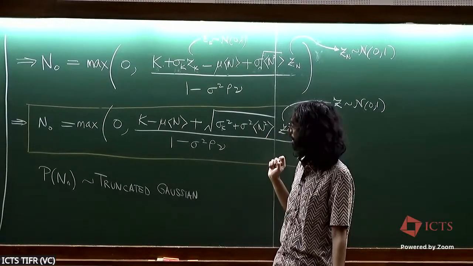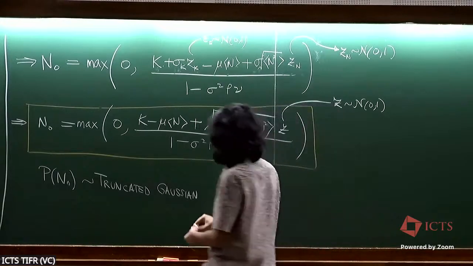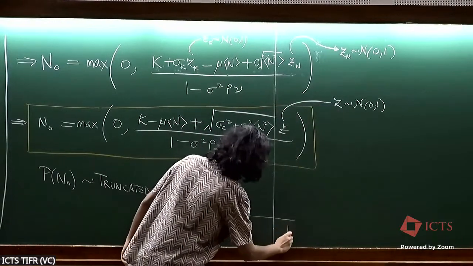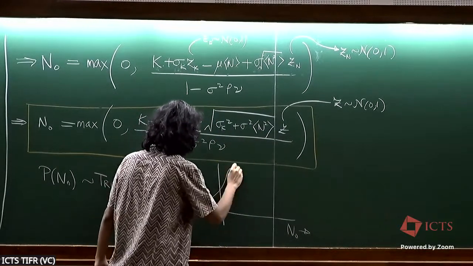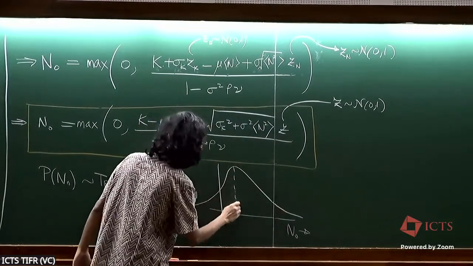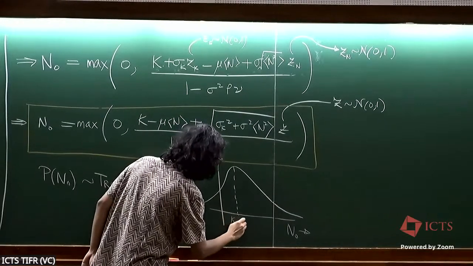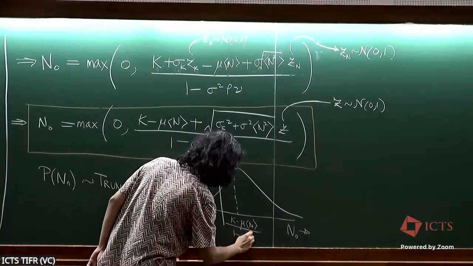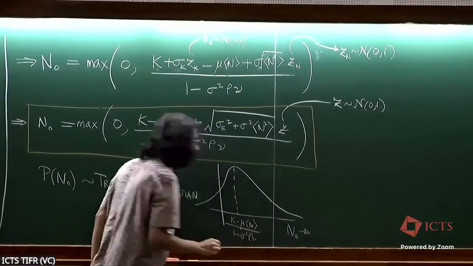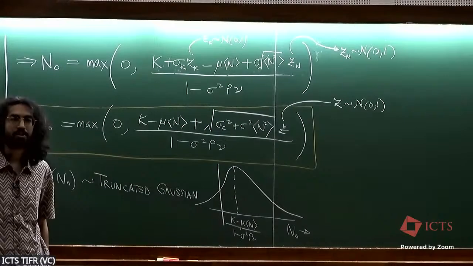Right? And this entire Gaussian, if I were to draw a distribution of n0, that's what we're talking about. The mean is (k minus mu mean n) over (1 minus sigma squared rho nu). Forget about the fact that I don't know what the values of some of these constants are.